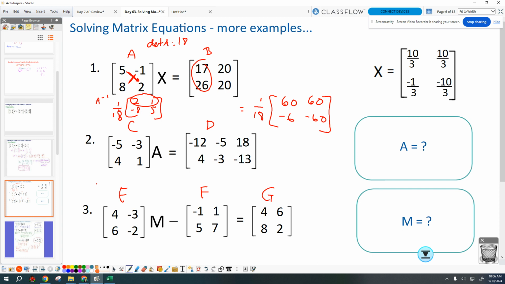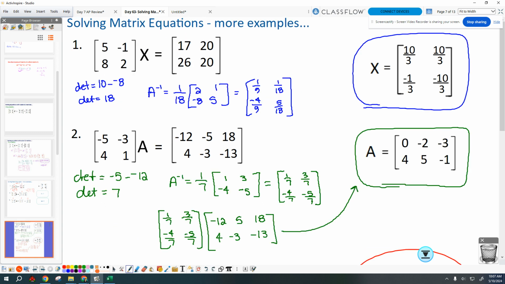Hold up. Question 2. Joseph, what do you do with what's two? Can we do number 2 first? So number 2, find the determinant. 7? Oh, number 3.